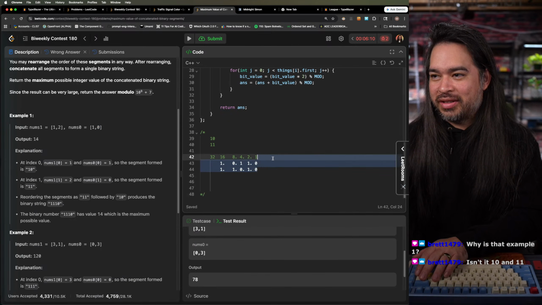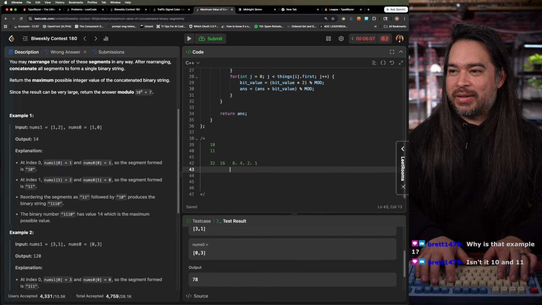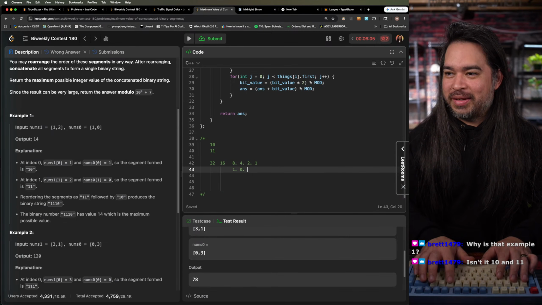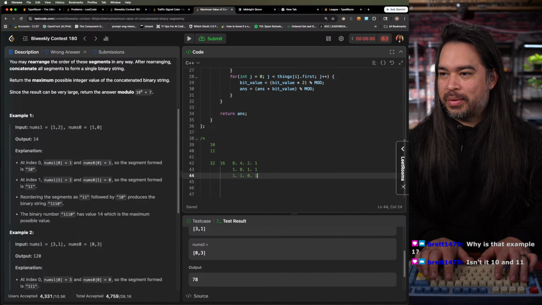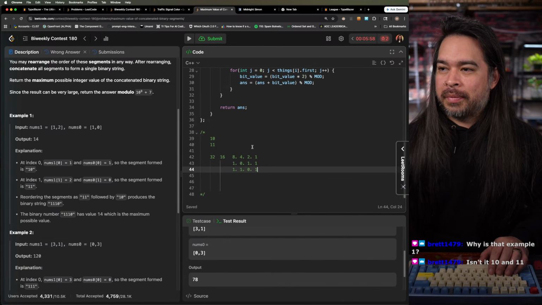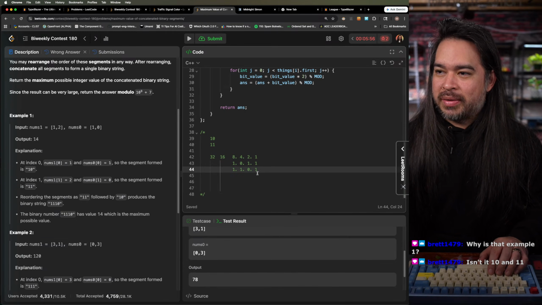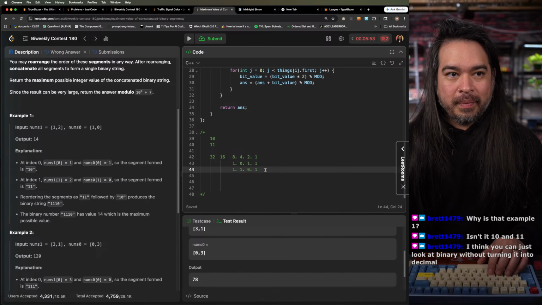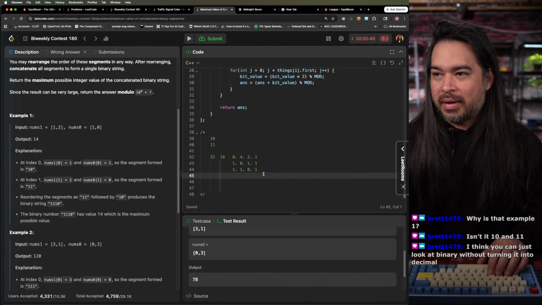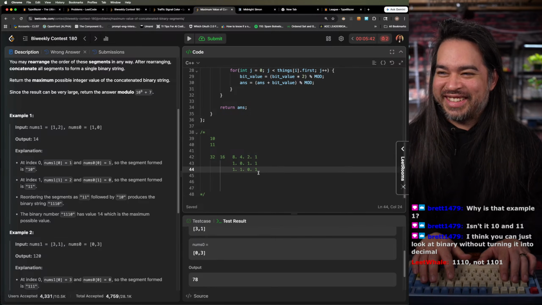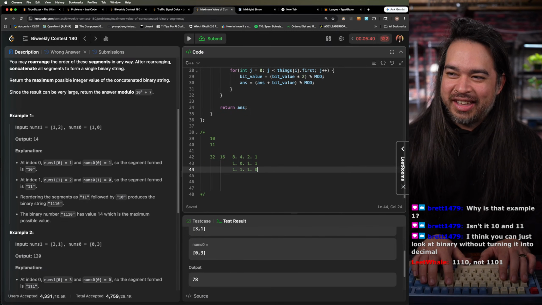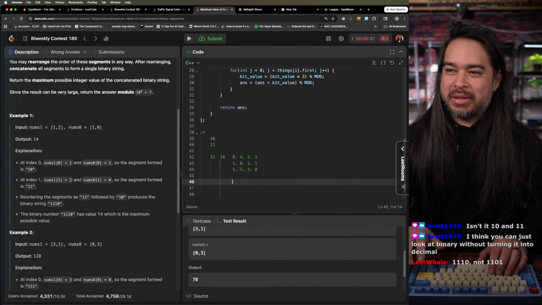Let me redo it. It's either 1, 0, 1, 1, or 1, 1, 0, 1. How do I know which one is bigger? I think you can just look at the binary without converting. Wait, 1 1. I'm silly, man. I don't know what is going on with me today.